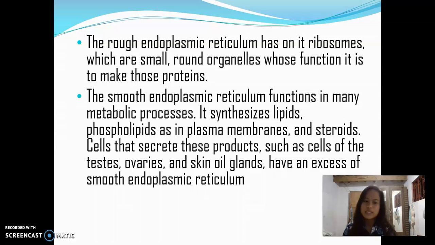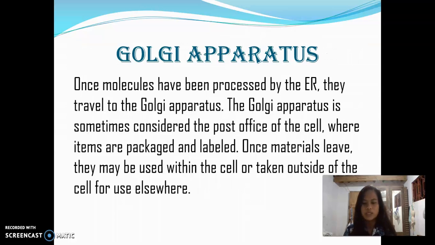It synthesizes lipids, phospholipids, as in the plasma membrane, and steroids. Cells that secrete these products, such as cells of the testes, ovaries, and skin oil glands, have an excess of smooth endoplasmic reticulum.